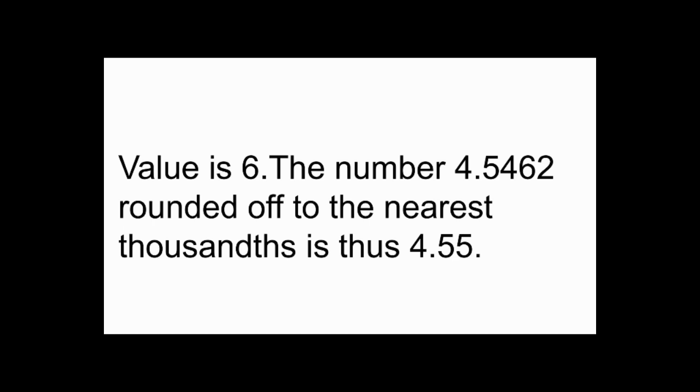Looking at that digit, it is 6, which is greater than 5. Therefore, we are going to round up the 4, which is representing the hundredths, to 5. So that our number is going to be 4.55.